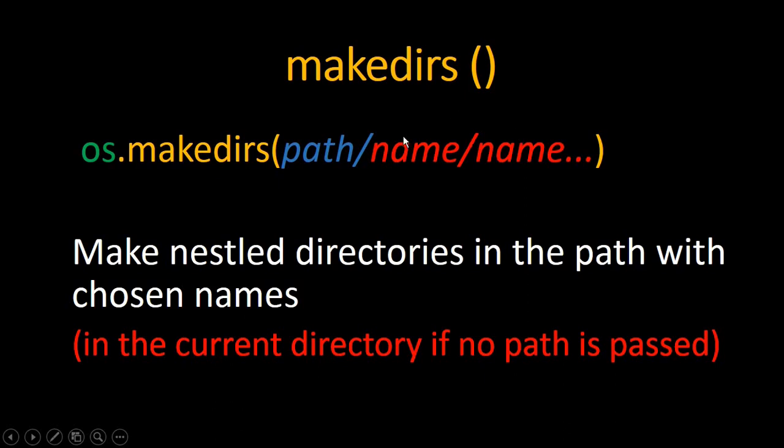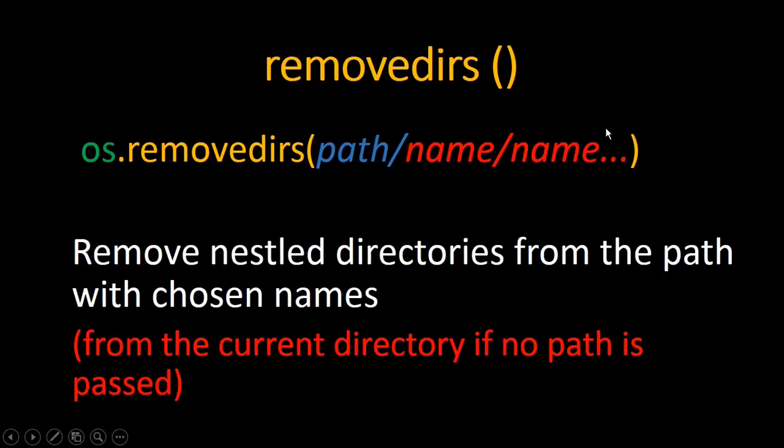So now this name contains another directory which you can choose the name, and you can go on the same. You can do the same thing here with removedirs and remove multiple directories inside each other.